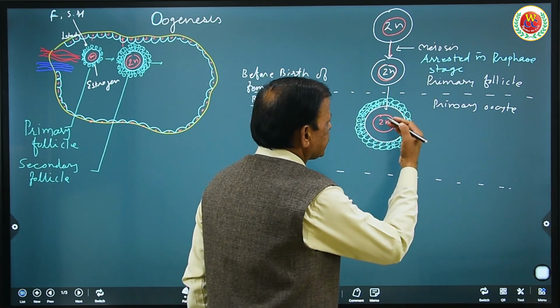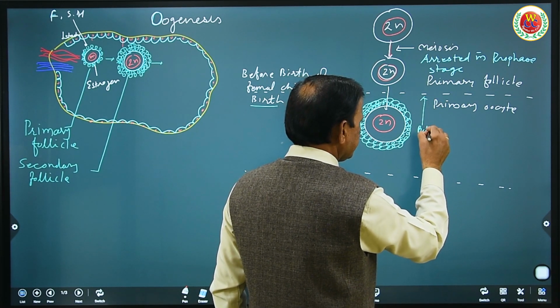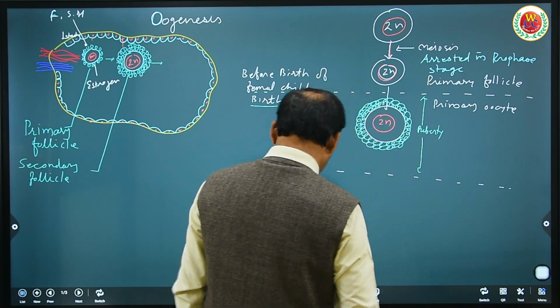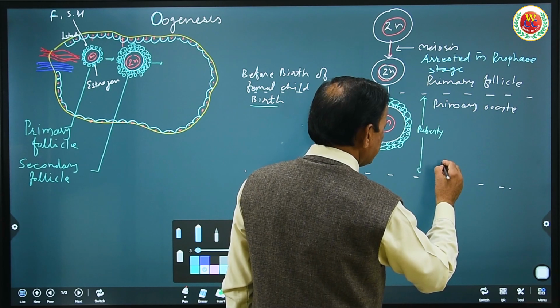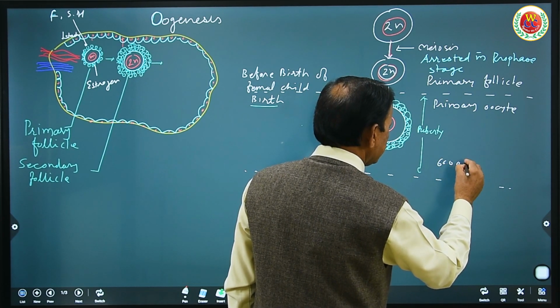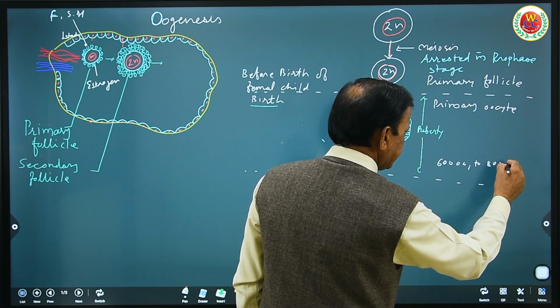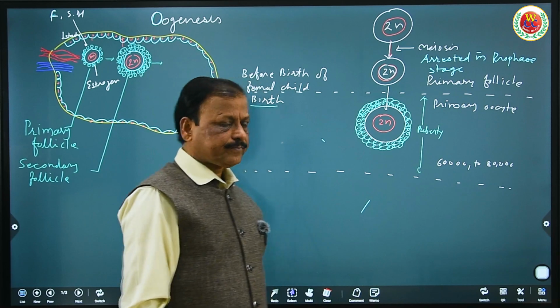Now when they are born and during the puberty period, most of them degenerate, and only 60,000 to 80,000 secondary follicles remain alive.